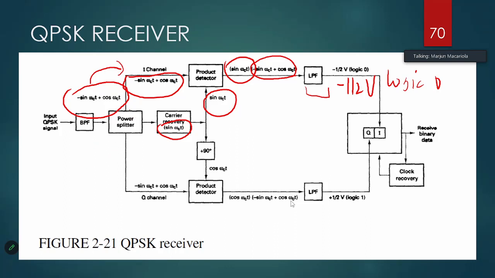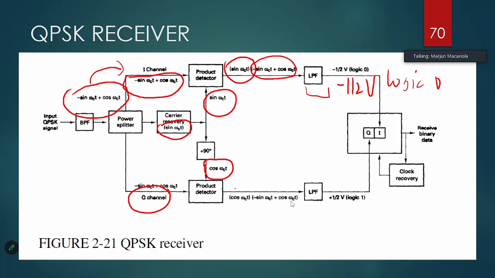And sa Q channel naman, ang ating input is negative sine omega CT plus cosine omega CT. Okay? So yan yung possible output sa transmitter side. Then, this will be an input in our Q channel. Using again the product detector or product multiplier, i-multiply natin siya sa cosine omega CT.